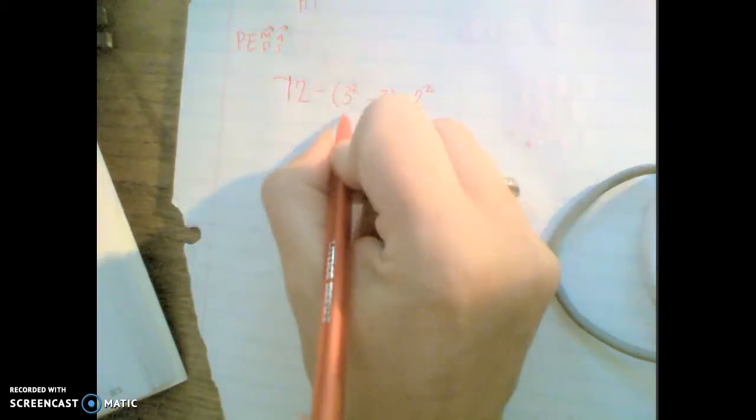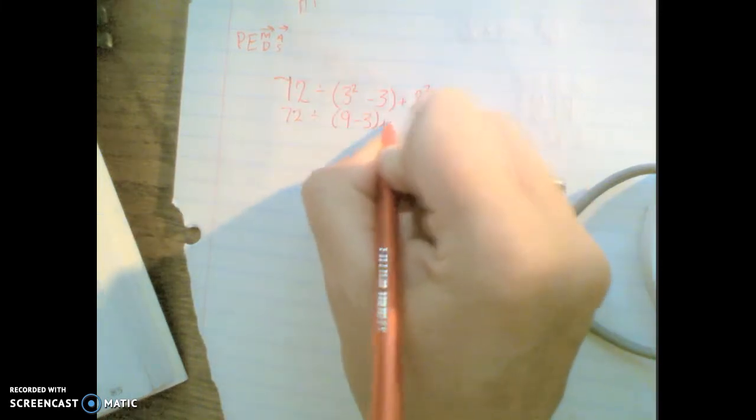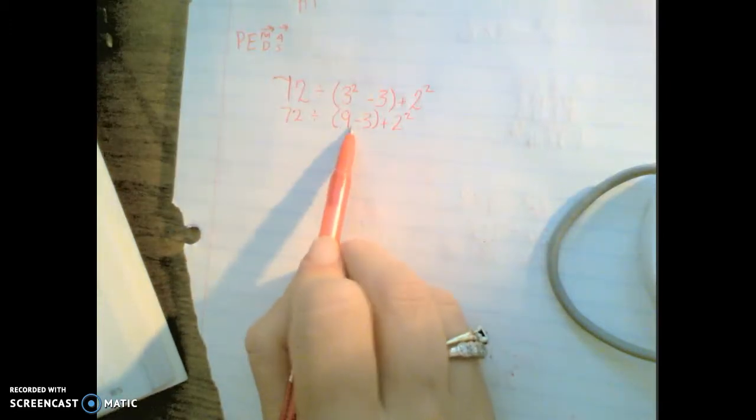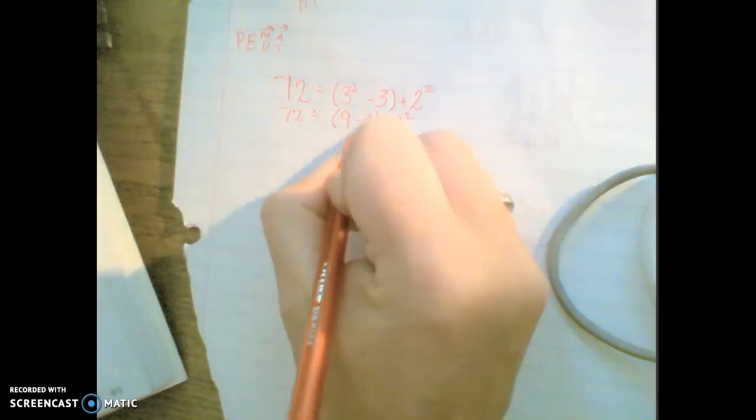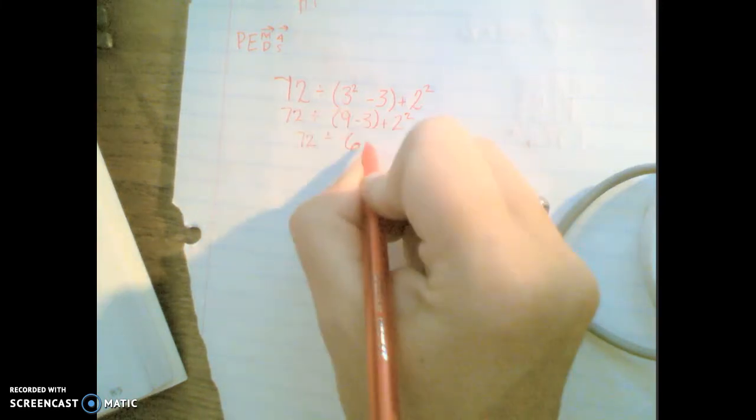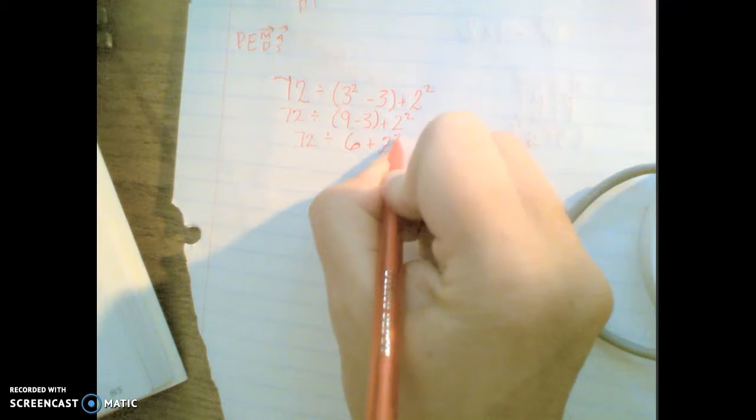Yes. So I do 9 minus 3. I haven't completed everything inside the parentheses yet, so I keep the parentheses there and I rewrite my problem. Then any parentheses? Yes. 9 minus 3 is 6. Now I've done everything inside the parentheses, so I'm done. I can drop the parentheses.